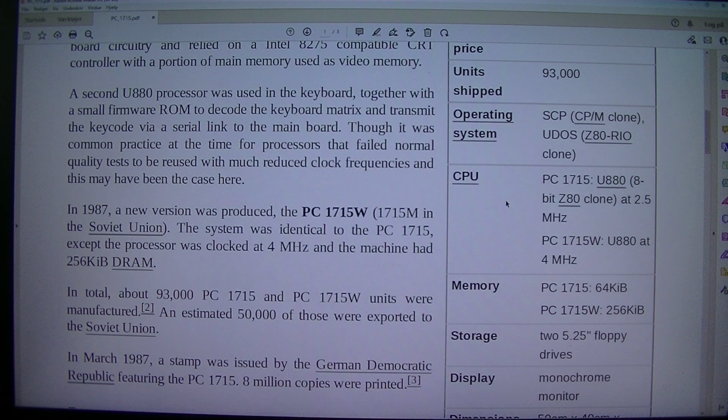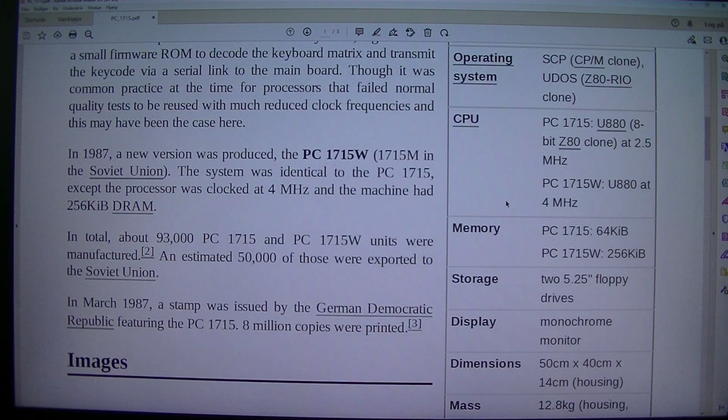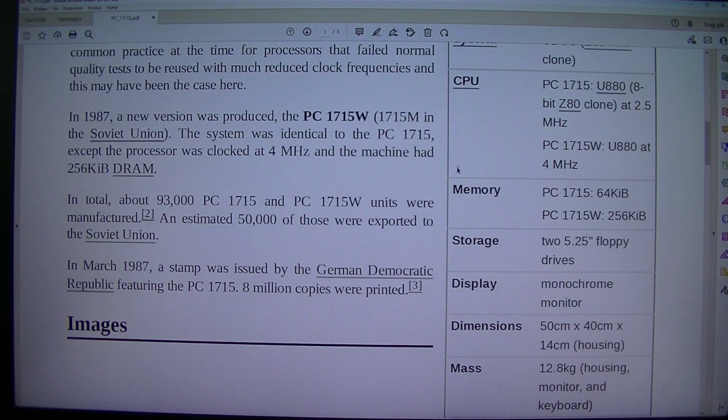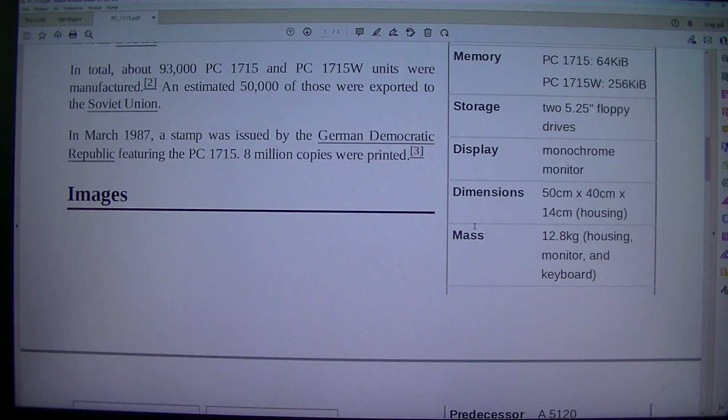PC 1715W, U880 at 4 MHz. Memory: PC 1715, 64 KB. PC 1715W, 256 KB. Storage: 5.25 inch floppy drives. Display: monochrome. Dimensions 50 cm x 40 cm x 14 cm.